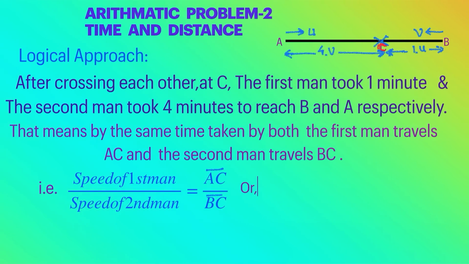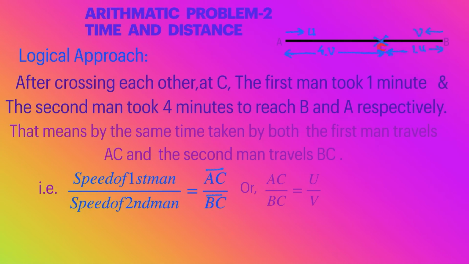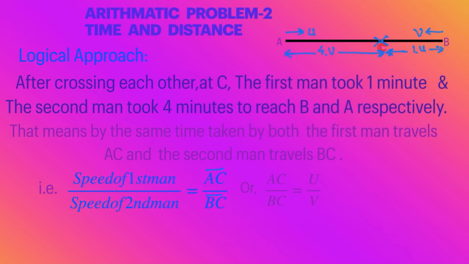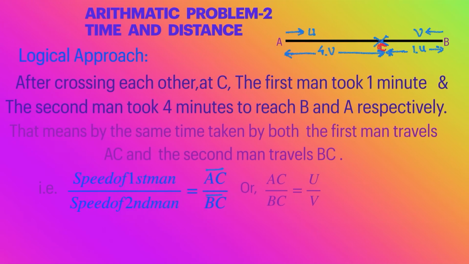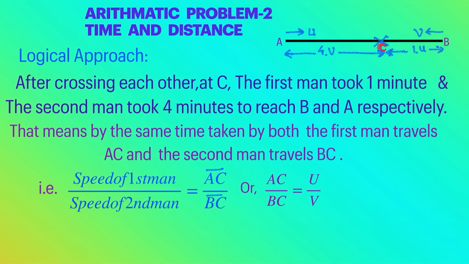So this is the secret relation, and also AC by BC equal to U by V, because suppose the first man's speed is U and the second man's speed is V, so AC by BC equal to U by V.